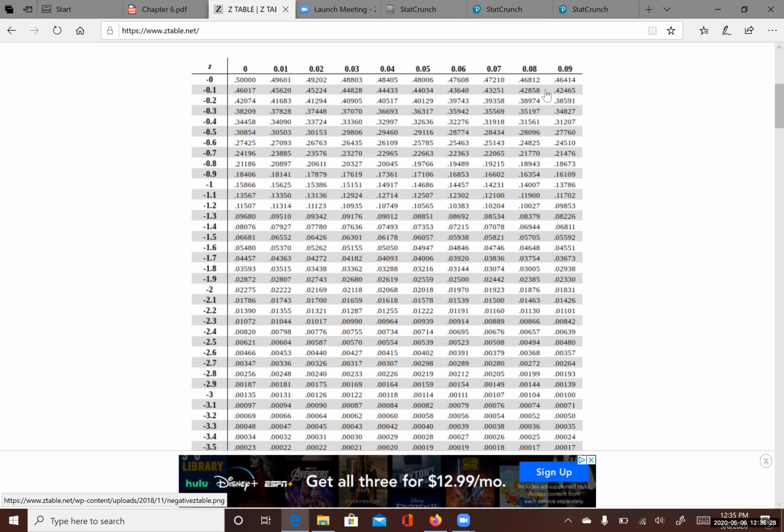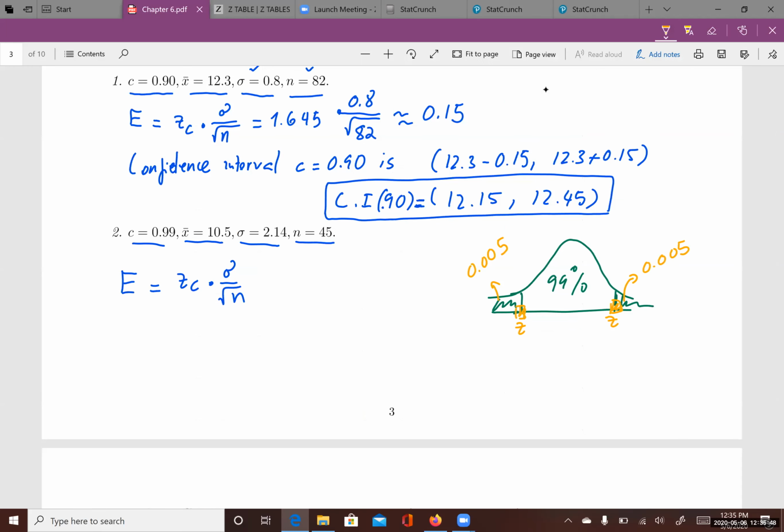The difference is 0.0006 and 0.0008, very, very small. That's why we need to take the average of these two values, 2.57 and 2.58.